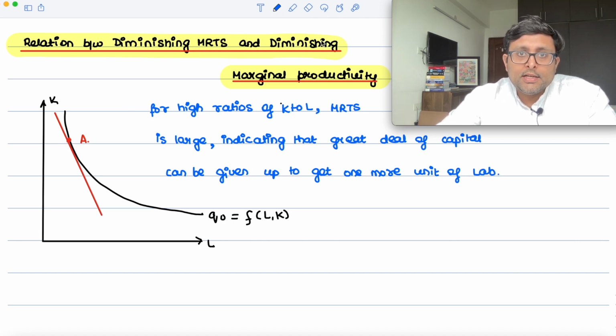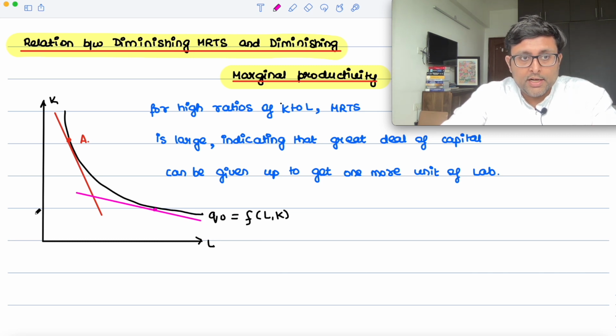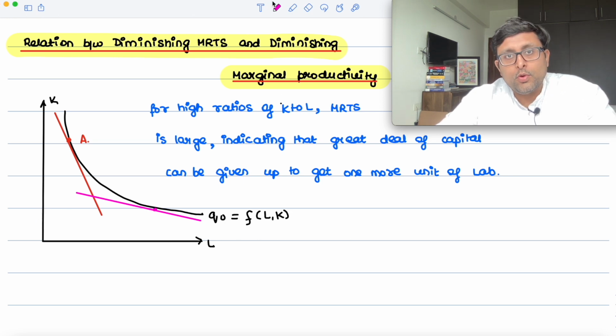Now, if you look at MRTS, let's say at this point, now you have labor more relative to capital. So at this point, you do not want to give up more amount of capital in order to get one unit of labor. You already have huge amount of labor with you, right? So you do not want to give up a huge amount of capital to get one more unit of labor.